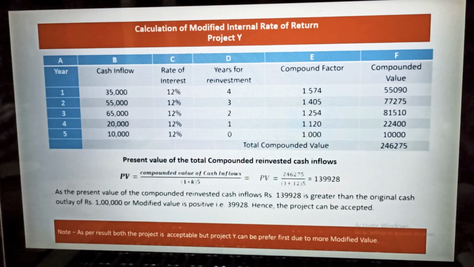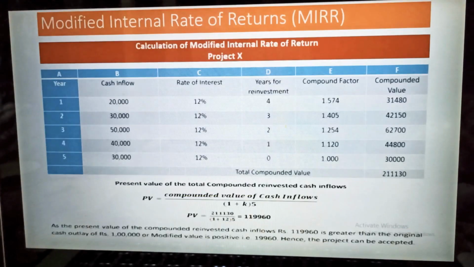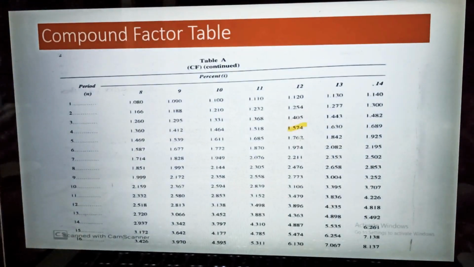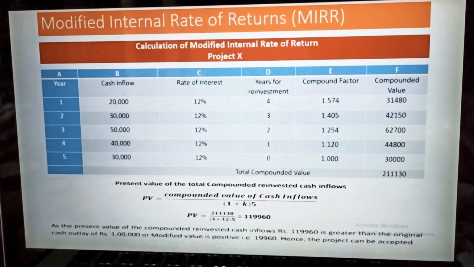Then at 12% for 3 years, 1.405, for 2 years 1.254, for 1 year 1.120, and for the last 0 year here it will be 1 only.